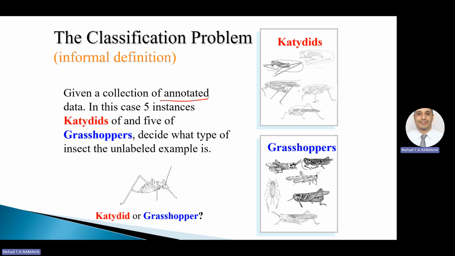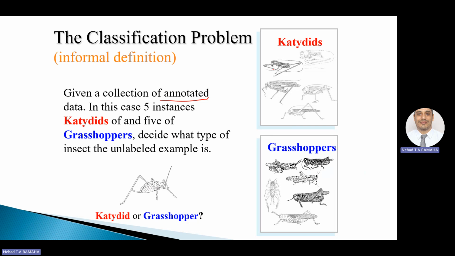Okay, let's continue. So we have two categories of very similar species, which are katydids and grasshoppers. In Arabic, we call both Jundub. It's jumping. It's totally different species.